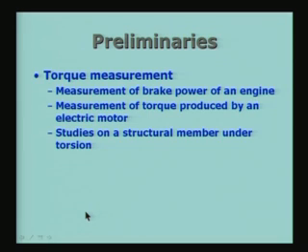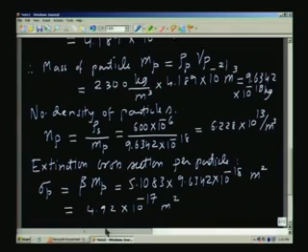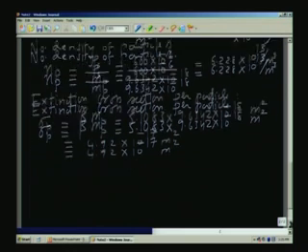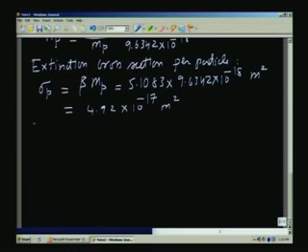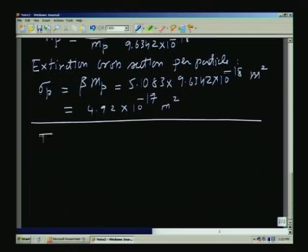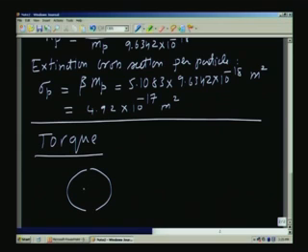Then secondly, we are interested in torque measurement, and to explain the measurement of torque, let me just look at the definition of torque. If you have a rotating system, and this is the radius, and if the rotation is due to some force, then F into R is your torque.